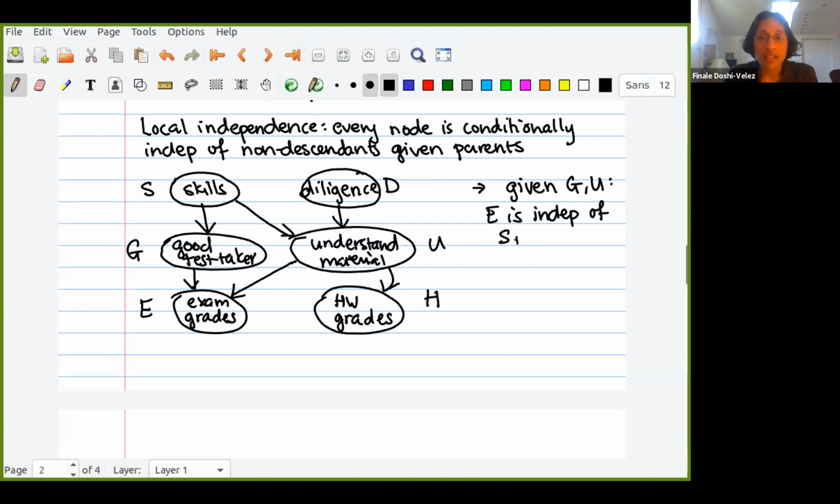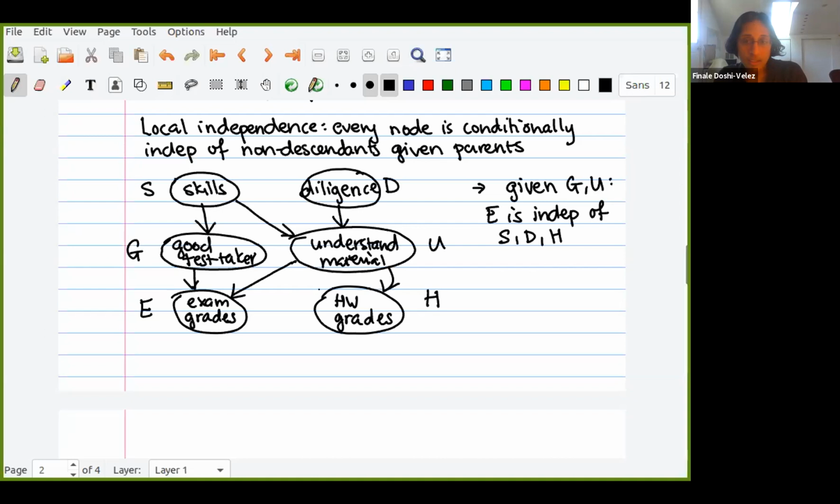So it's independent of S, D, and H. Because once you know that someone is a good test taker and they understand the material, then you can see visually how the rest of the graph is blocked off from exam grades over here.